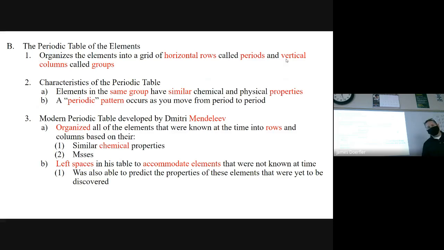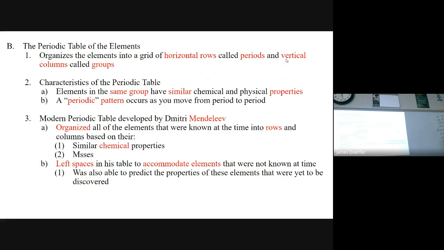At the time of Mendeleev's development of the periodic table, there were only just over 60 known elements. Currently, there's officially 118, I believe, elements that are certified and accepted in their place on the periodic table. And this is a 2013 version of the periodic table.